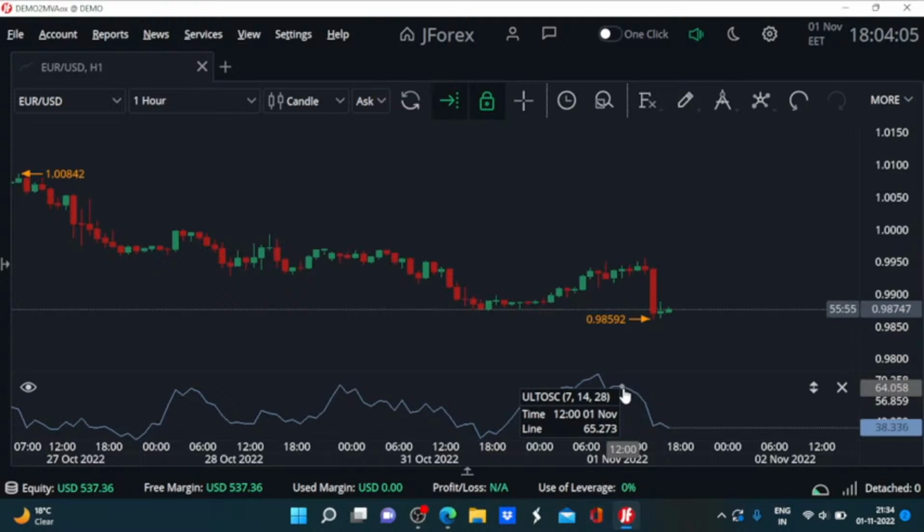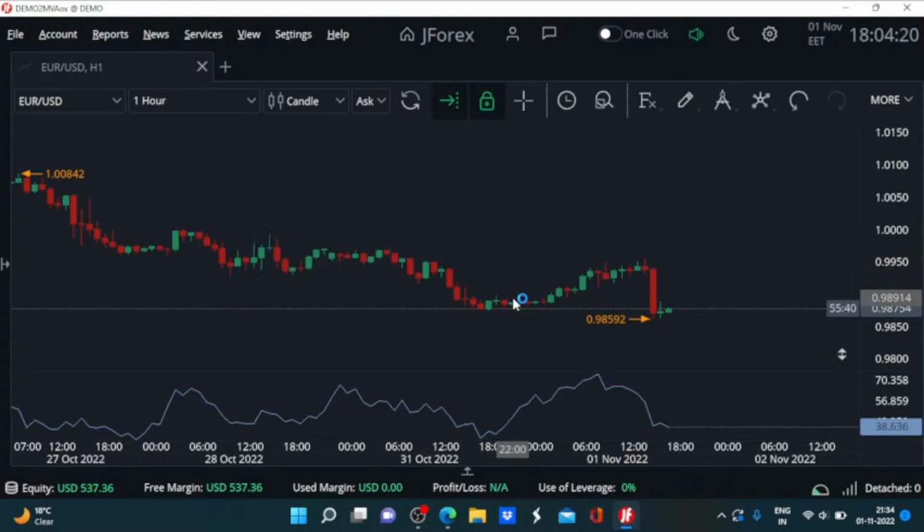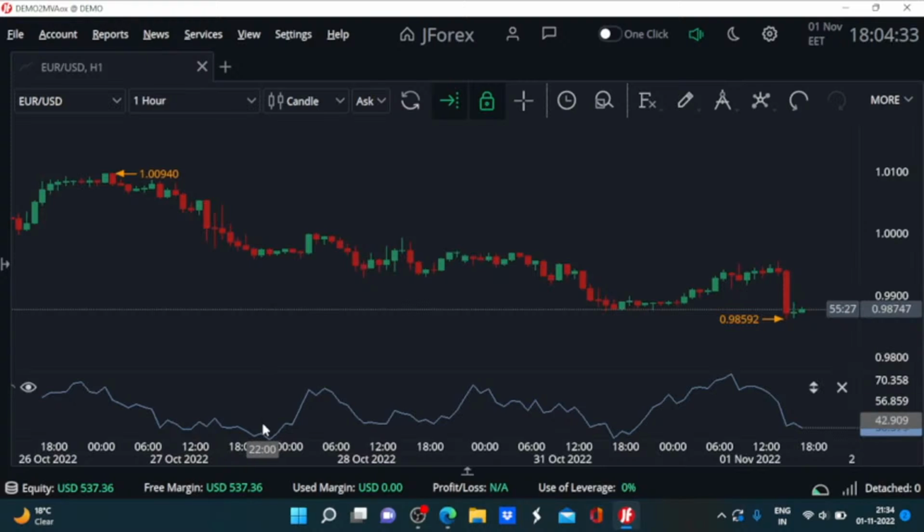So this indicator tries to correct that flaw. When we have a strong trend in the instrument of our choice, for example Euro USD here, if the momentum is strong, then for a considerable amount of time we might have the instrument declining, and in this scenario the level reached by this ultimate oscillator can go deeper into the territory. But once it goes into a consolidation, we see a reversal or some retracement on the higher side.